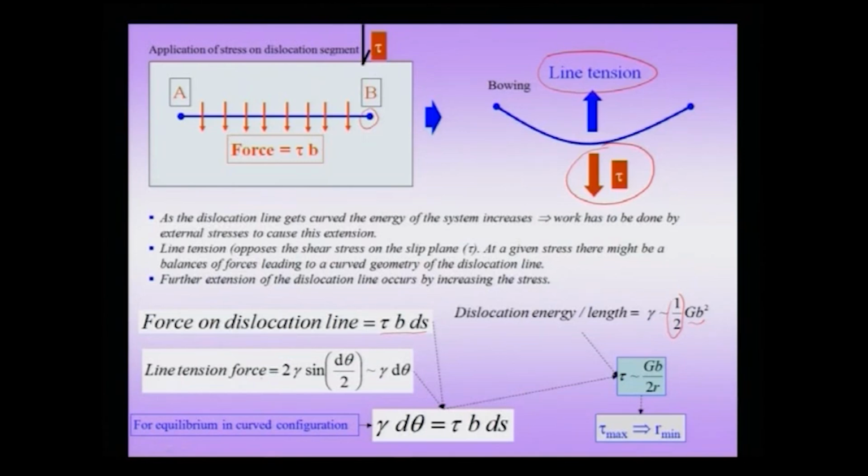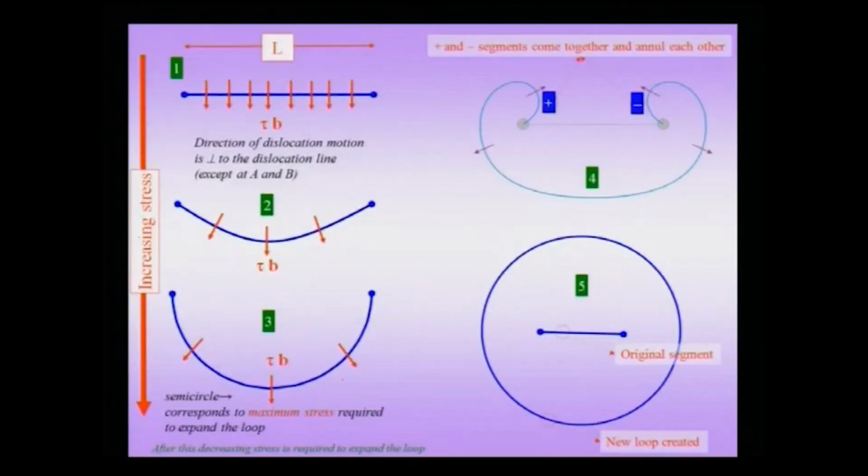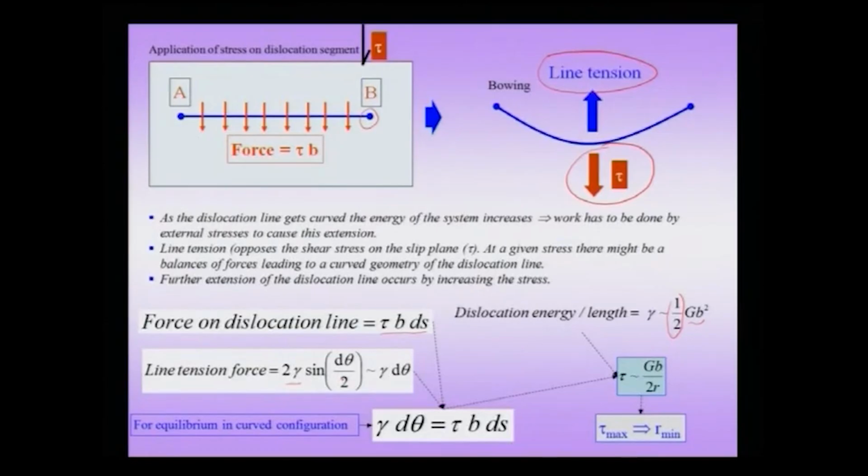The line tension force, which is trying to contract the dislocation line, can be written as 2 gamma sine d theta by 2. If you look at the next picture, d theta is the angle the dislocation line subtends along the radius, and therefore this is approximately equal to gamma d theta.